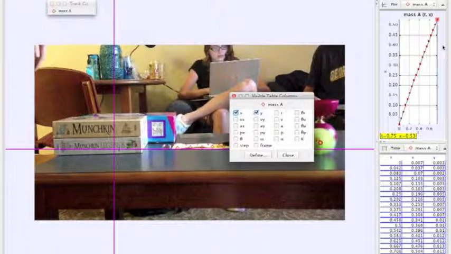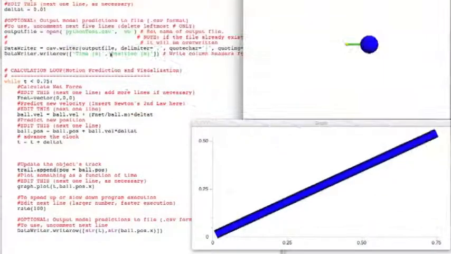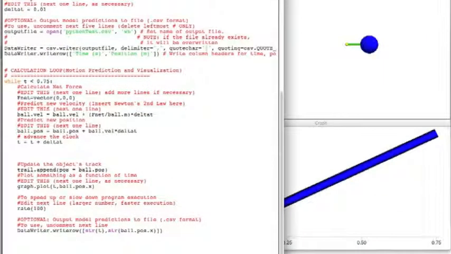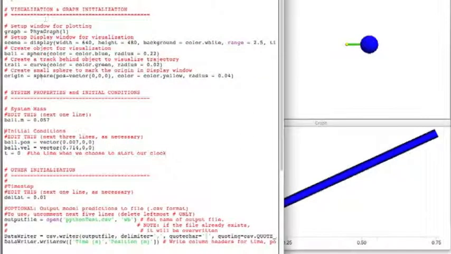From these observations, I developed a computational model of the motion in Python, shown in the code here. The mass was changed to reflect the mass of the object, shown here, which was measured at 57 grams or 0.057 kilograms.